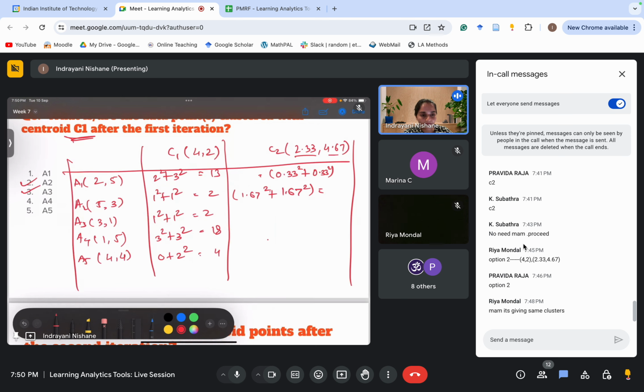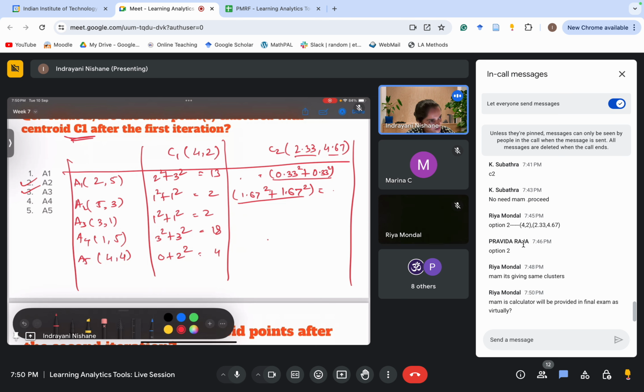So somebody can tell me what are the values to write here and here, okay? Because these are point squares, so I will not be doing it orally. So here it will be 0.67 square plus 3.67 square, then 1.33 square plus 0.33 square.